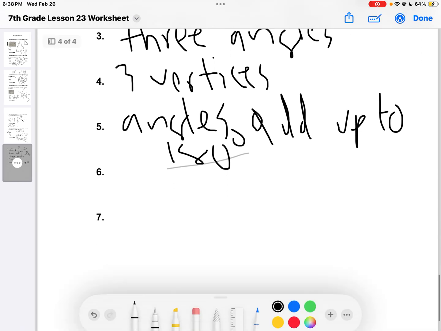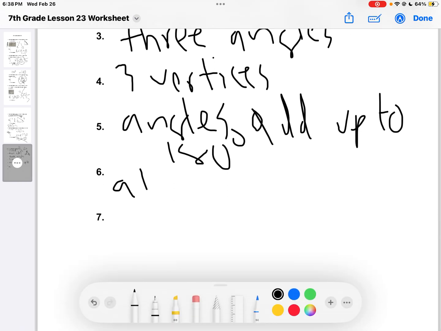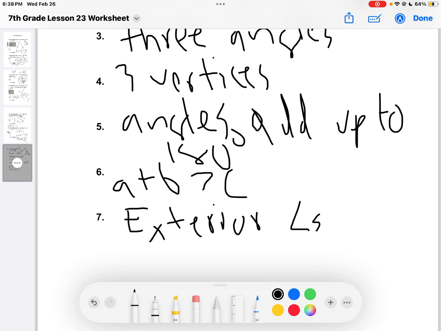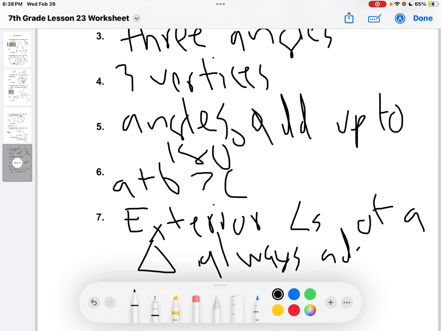So I'll just write A plus B must be greater than C. And number 7, the exterior angles of a triangle always add up to 360.